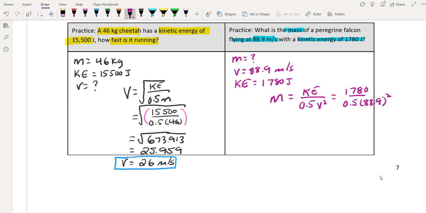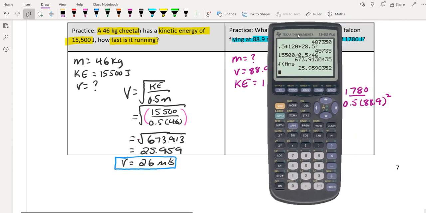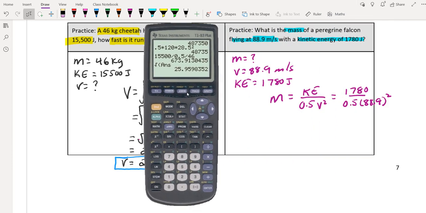I'm going to show you this two ways on your calculator, depending on how comfortable you are using your calculator. You can do the denominator first. So we have 88.9 squared, and I'm going to multiply that by 0.5. That is our calculation in the denominator.